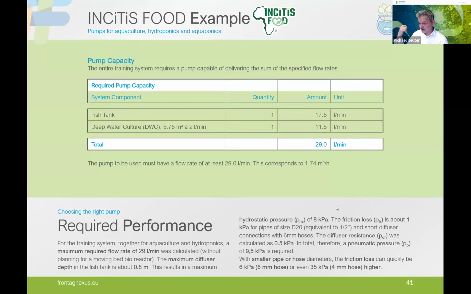The friction loss in our system would be about 1 kilopascal if we use half-inch piping for our aeration system and lead this half-inch piping as close to the air stones as possible, and only connect from this larger distribution pipe to the different air stones with a 6 millimeter hose for as short a distance as possible.